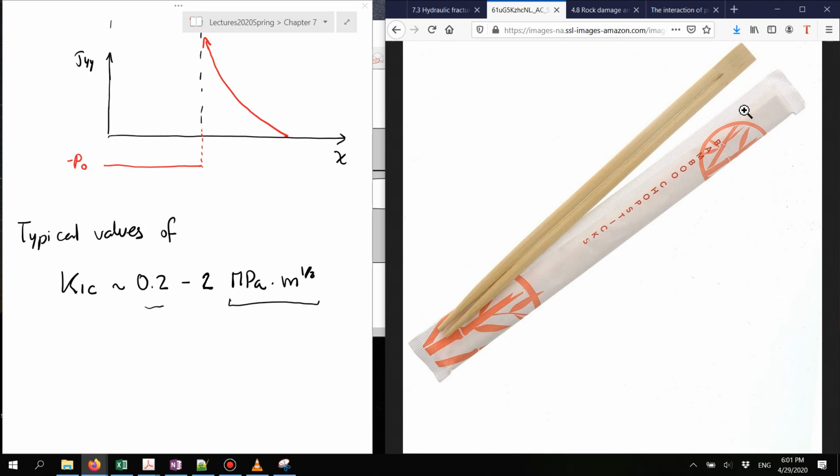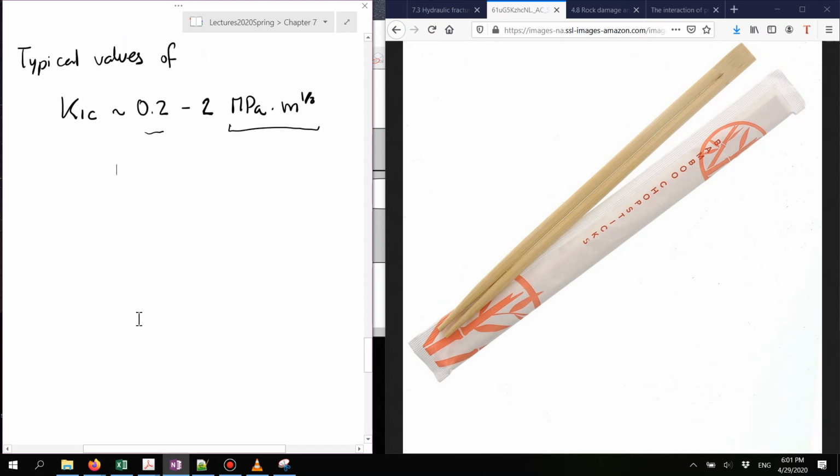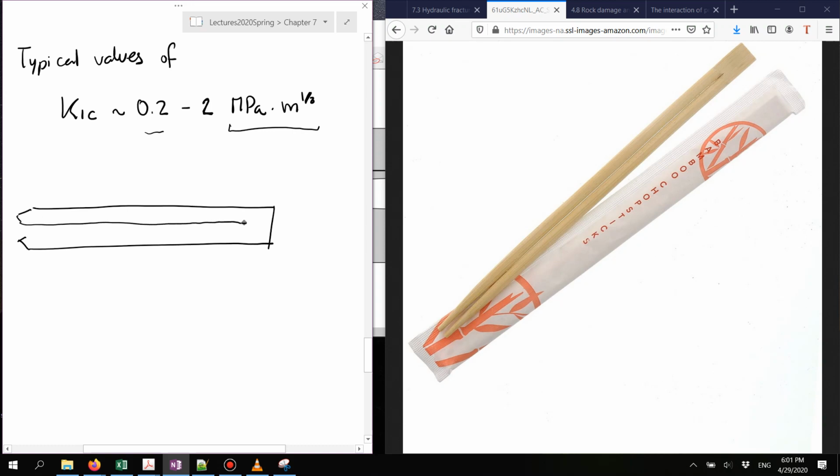I hope that you can see that you could also imagine this as a fracture problem, in which if this is the chopstick and here is the end of this part, this is going to look something very similar to the fractures we're dealing with.